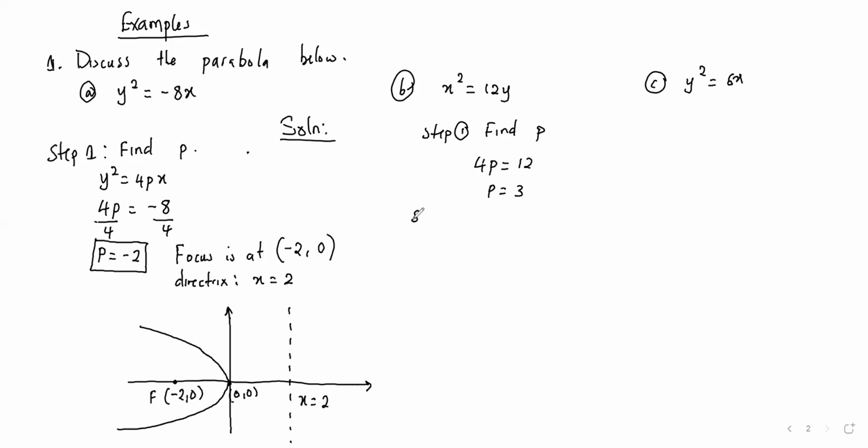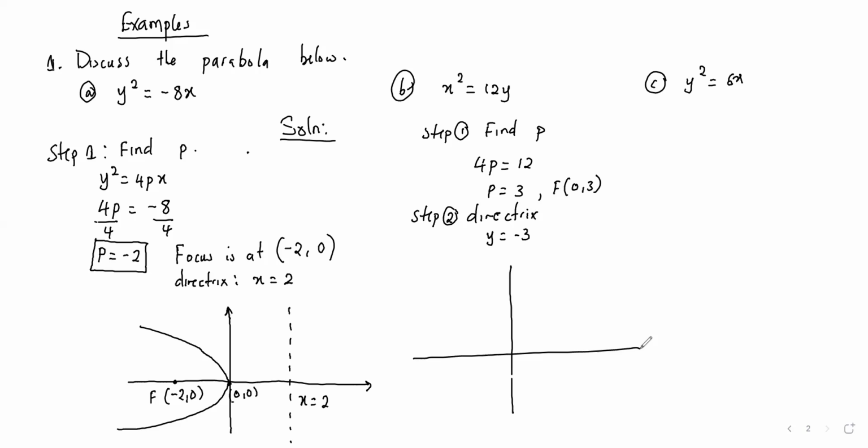And then step 2, the directrix. So once you find P here, it means that we know the focus. So the focus is going to be at 0, 3. Then the directrix is now y is equal to negative 3, the opposite of the P in the focus. When we sketch, because the focus is always inside, it will be 0, 3.